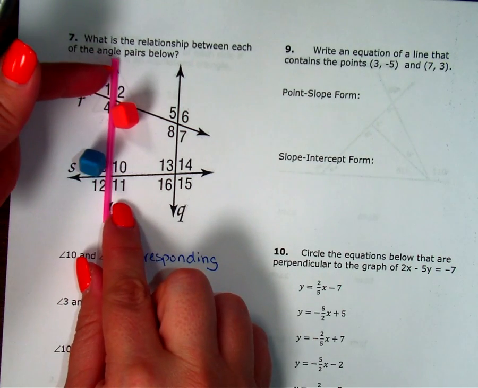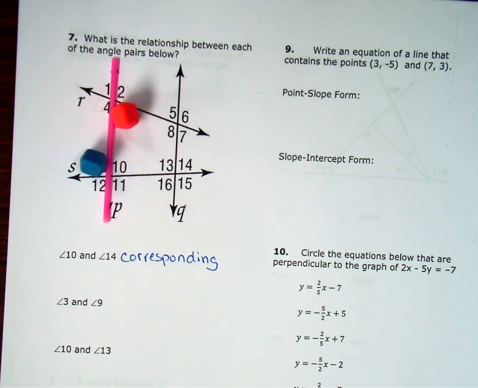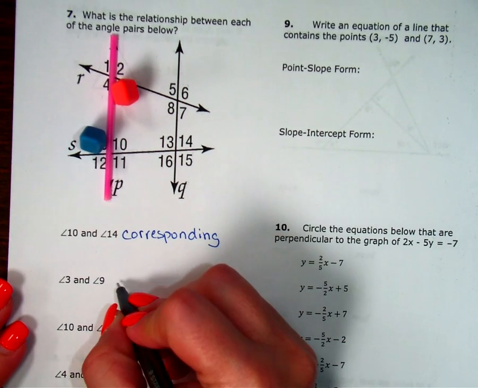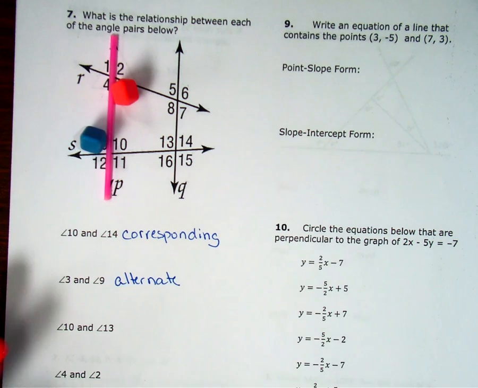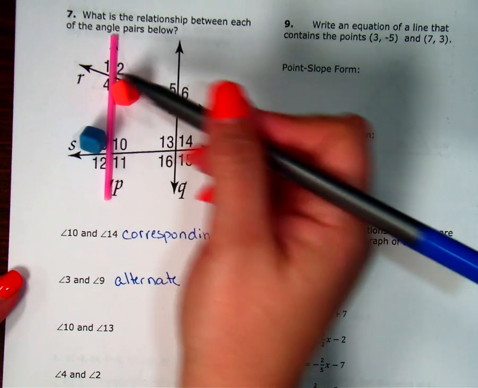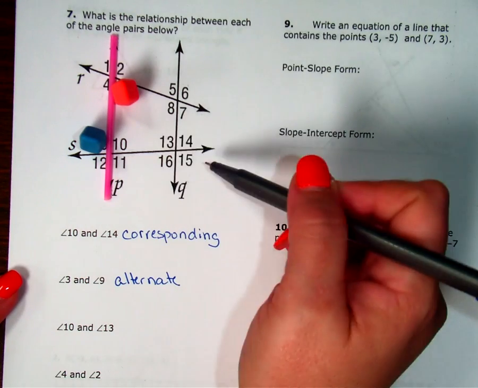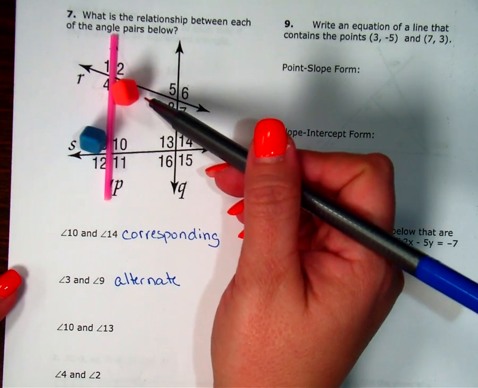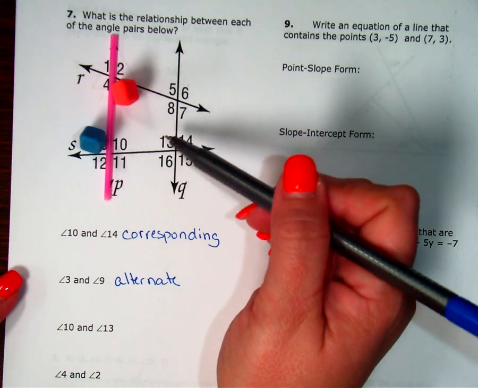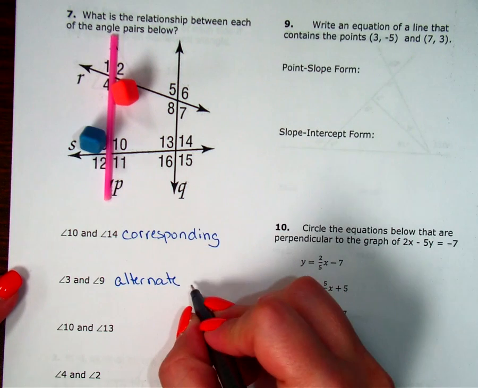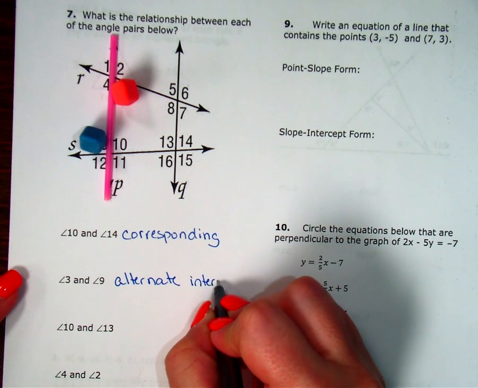So now when I look, I can see that my blue eraser is on the left of that line, my pink eraser is on the right, so these are definitely alternate. I need to decide, are they interior or are they exterior? So my other two lines are R and S. I can see one is below R and the other is above S, so they are inside the two lines, so they are alternate interior.